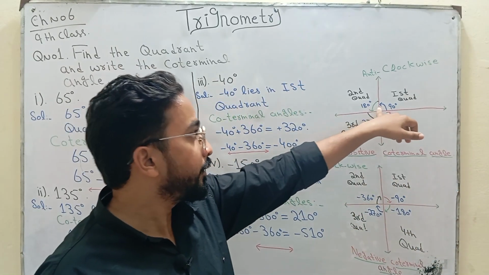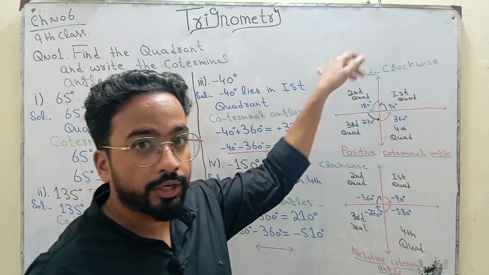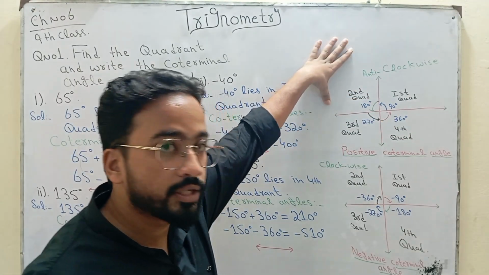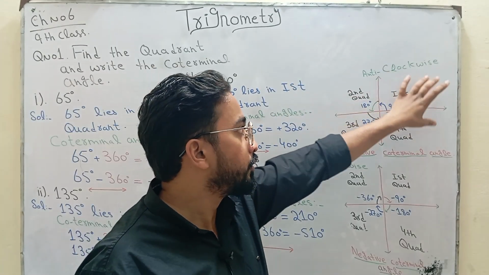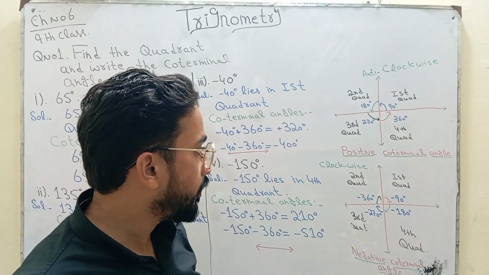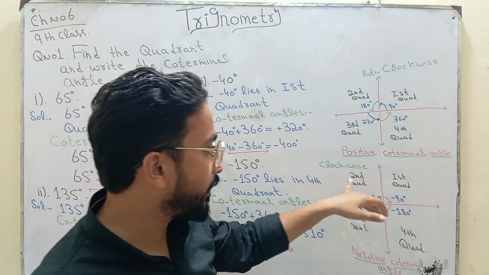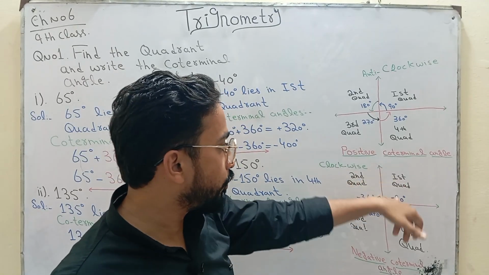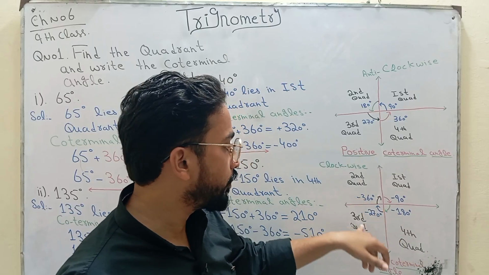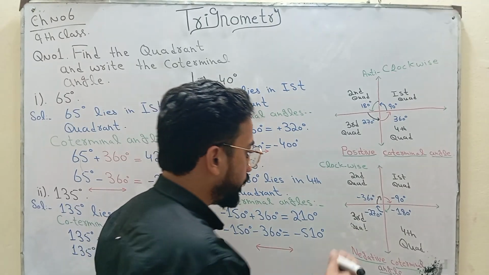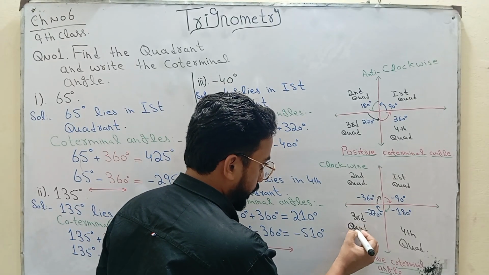So the arrow is rotating anti-clockwise, so the angles which lie between these quadrants are positive. If our rotation is clockwise like this, the quadrants first, second, third, fourth are changed and our angles are negative.